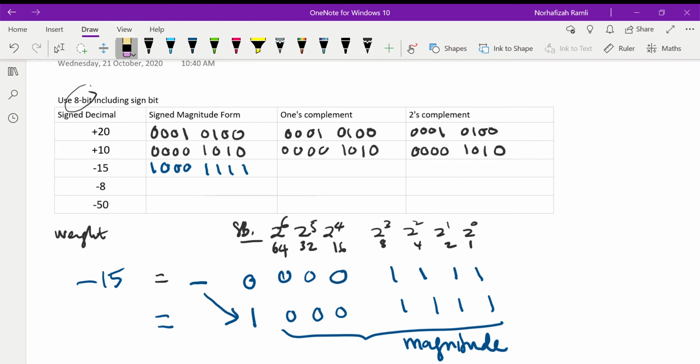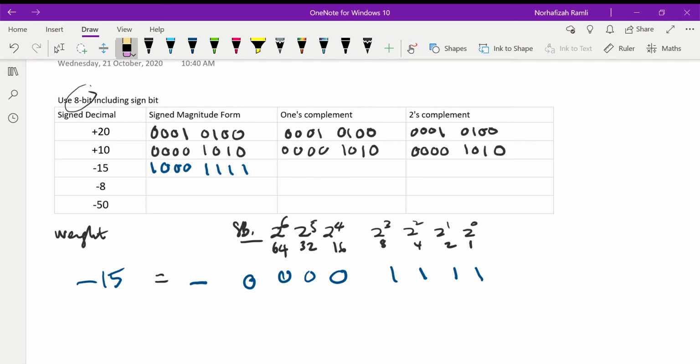Now if you want one's complement, the name means the whole bit you complement, including the sign bit. So that means 1, 1, 1, 1, 0, 0, 0, 0. Straightforward. That will be negative 15.